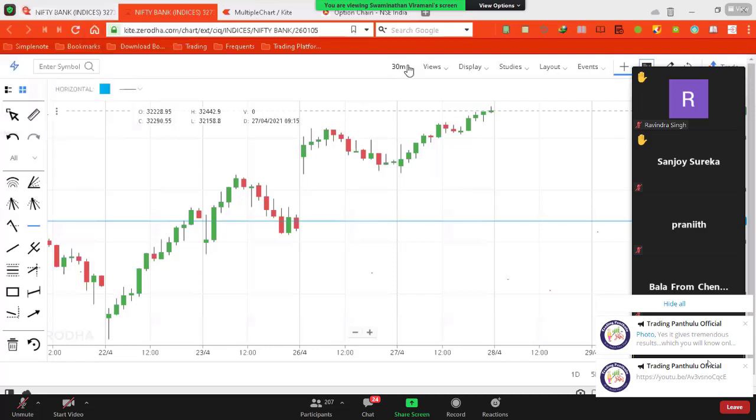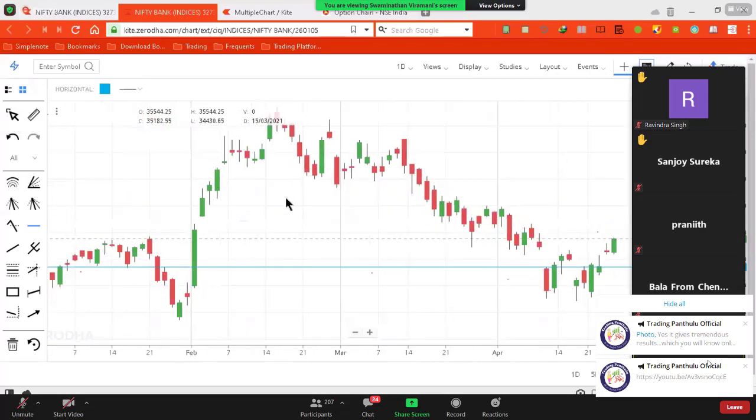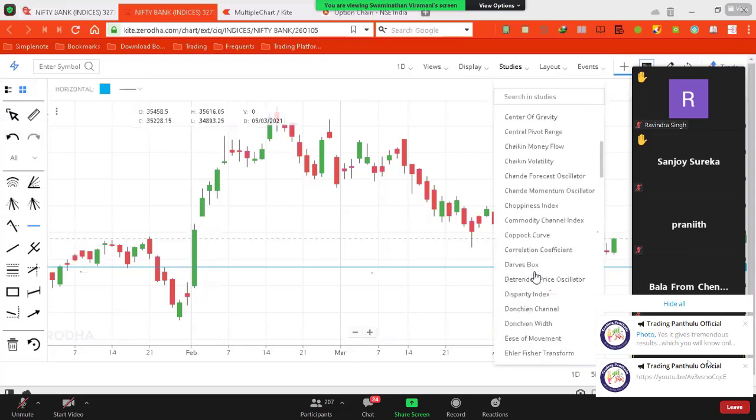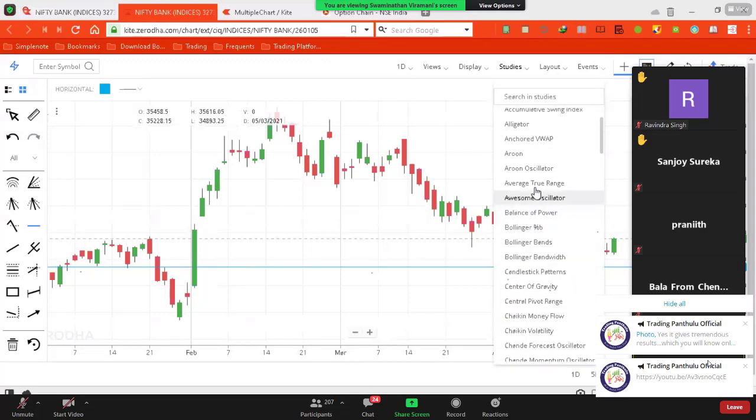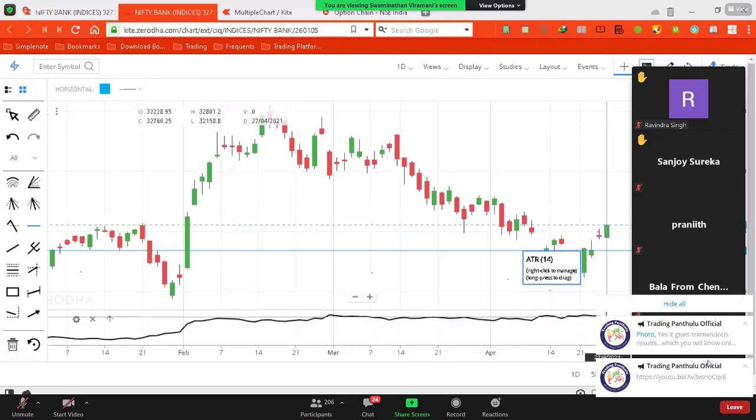Because if you look at the ATR on a daily candle, you know that Bank Nifty moves somewhere around 900 or 950 points on an average. As of today, it was 930 points.